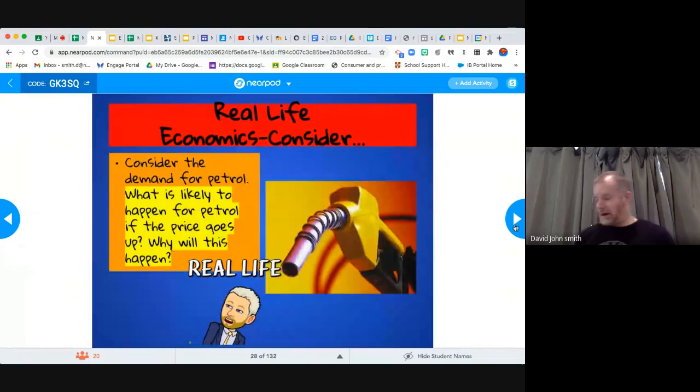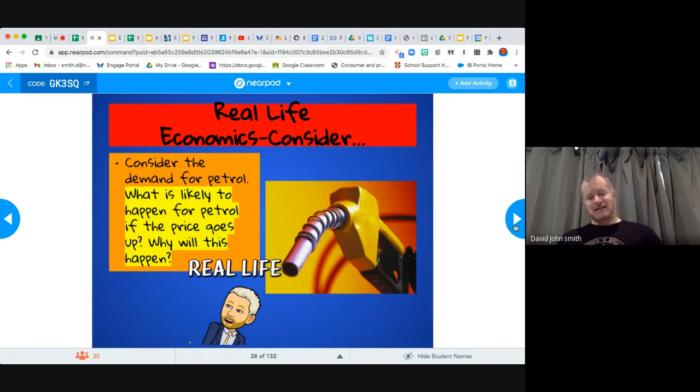Now, things like the idea, the consumption of petrol, okay? Because we consider petrol to be a more inelastic good, therefore, when the price of petrol increases, we assume that there will be a less than proportional response with regards to the quantity demanded. Okay?